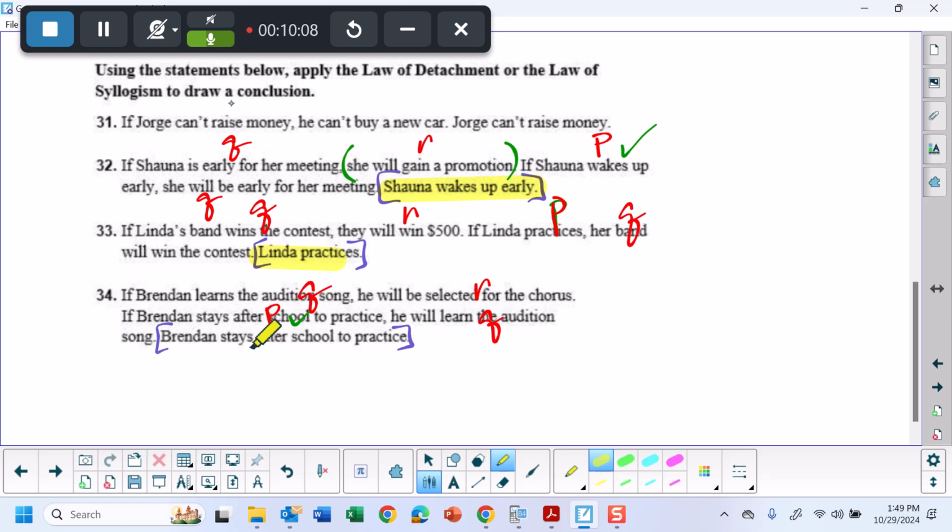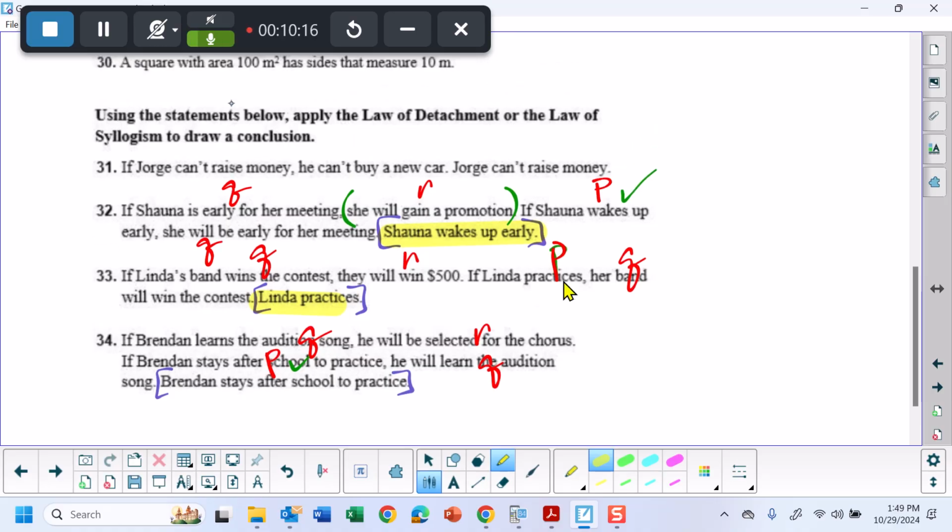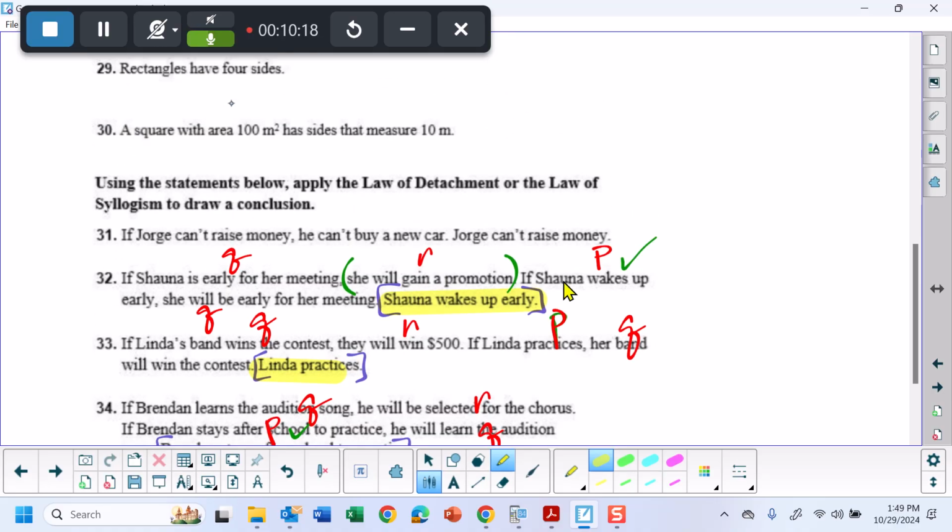As soon as you know Brendan stays after school, he's going to make chorus. So having that law of detachment and law of syllogism practice was important, especially for my friends that are still planning on retaking, which you left off to the last possible moment. For Unit 1, the deadline's tomorrow after school.